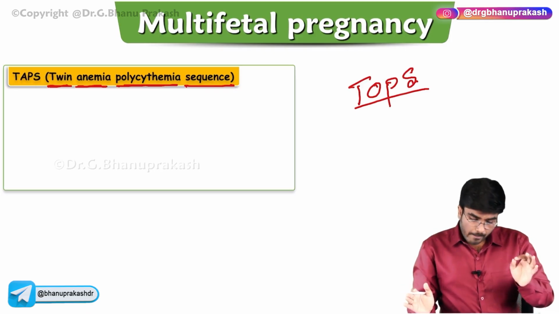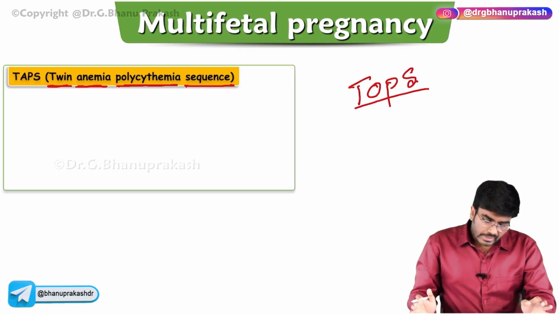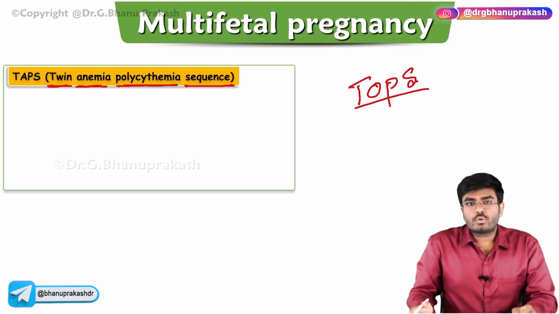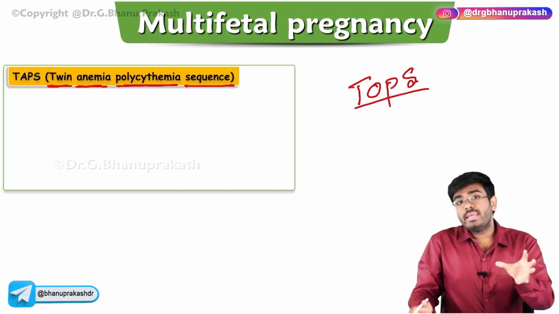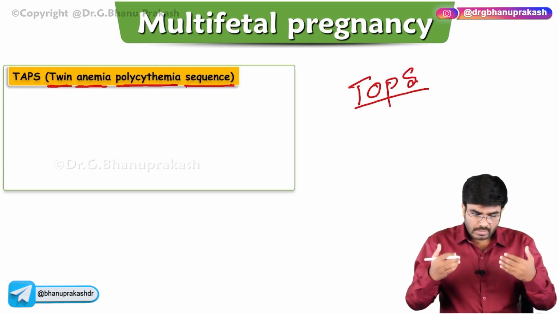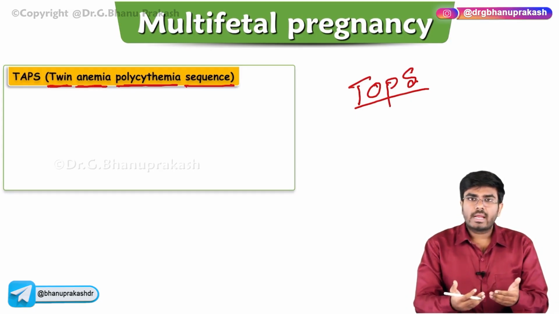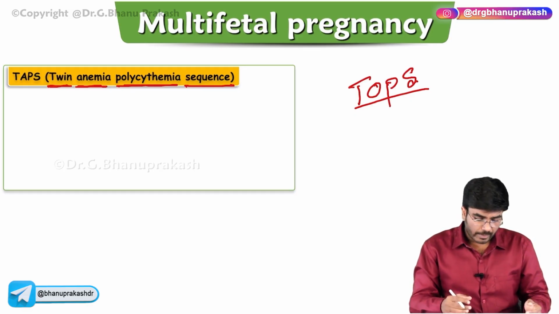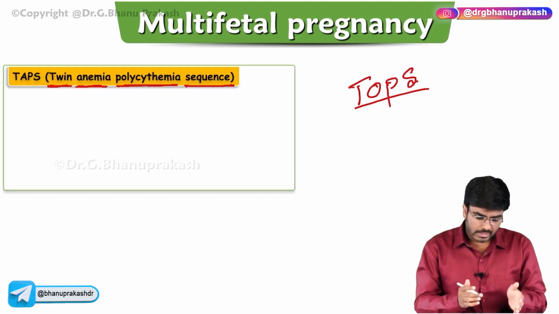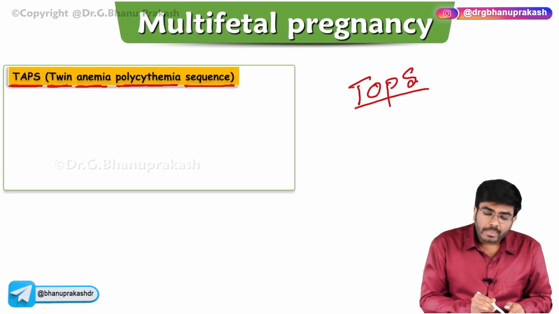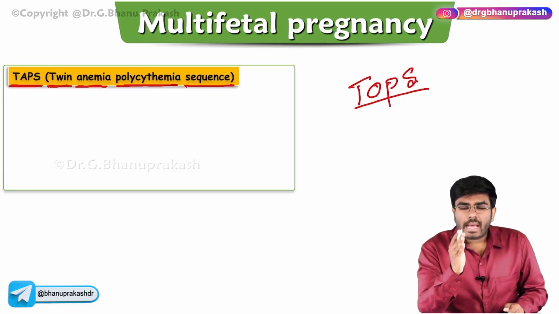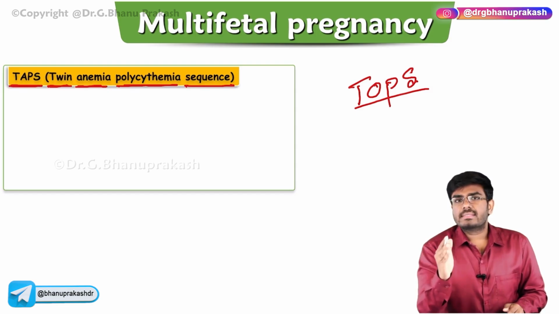There is no doubt. But see, in the same twin transfusion syndrome, one baby will be anemic. Yes, the baby who is a donor will become anemic and the baby who is a recipient will become polycythemic. That is known as TAPS, twin anemia polycythemia sequence.